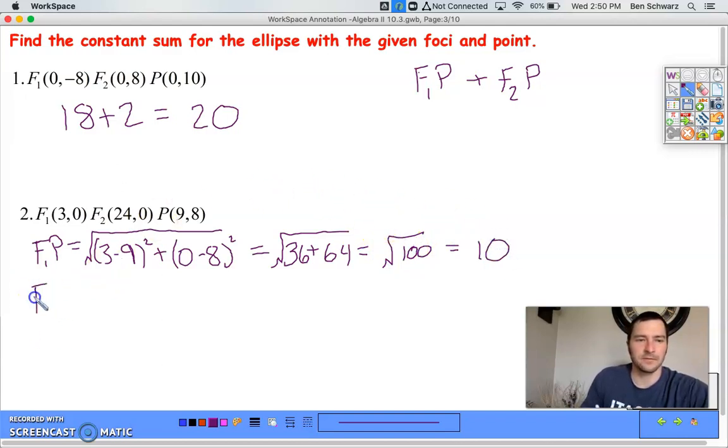And then when we do F2 to P, now we're finding the distance between these two. So the square root of (24 minus 9) squared plus (0 minus 8) squared.